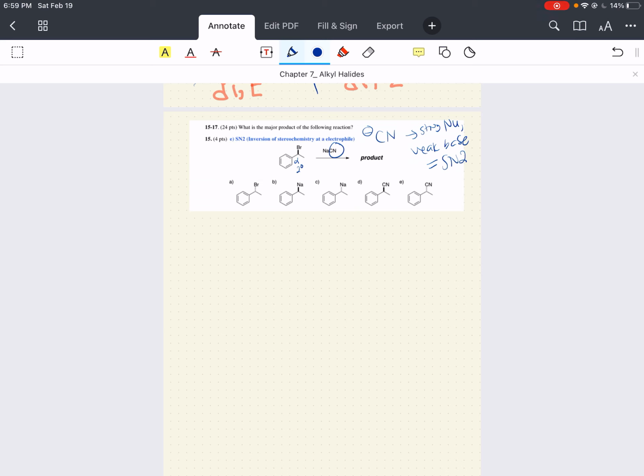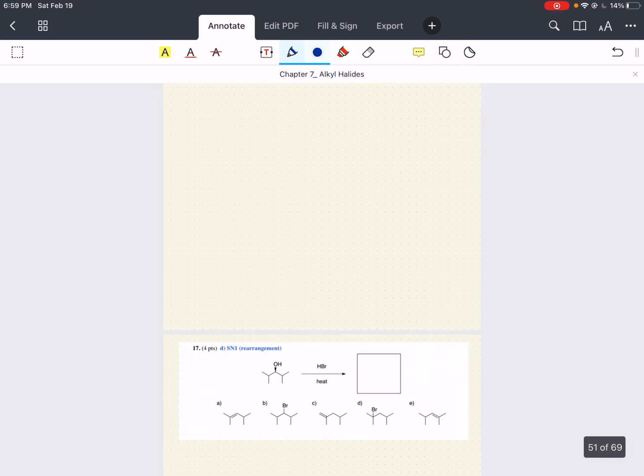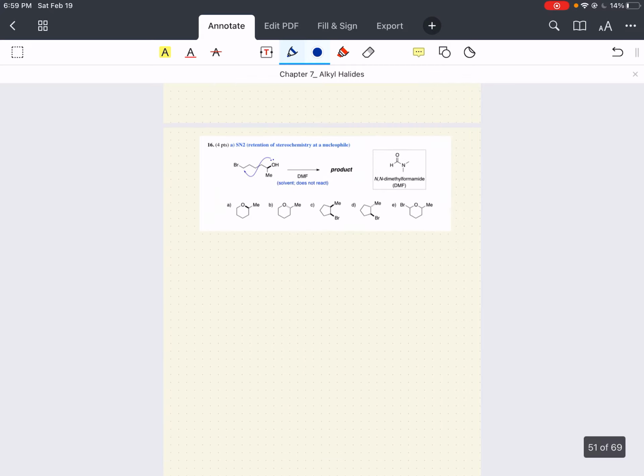We're going to be replacing that bromine with CN. But remember, inversion of configuration for SN2 when there's a chiral center. So our CN should not be on a wedge like bromine. It should be on a dash. So our actual product is E. Fantastic. Next problem.